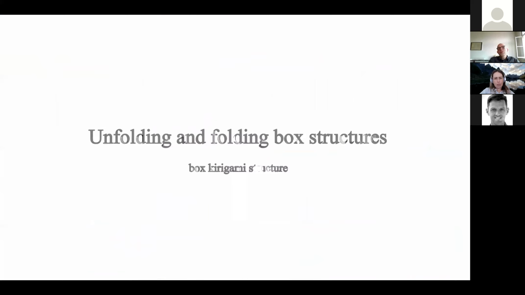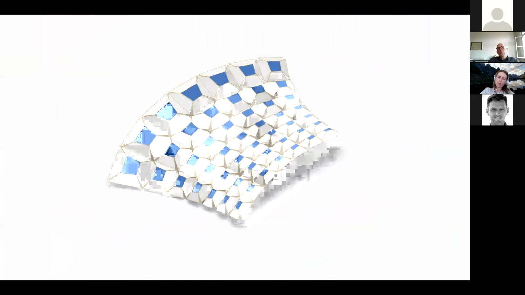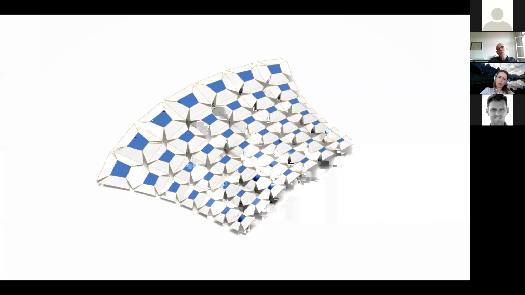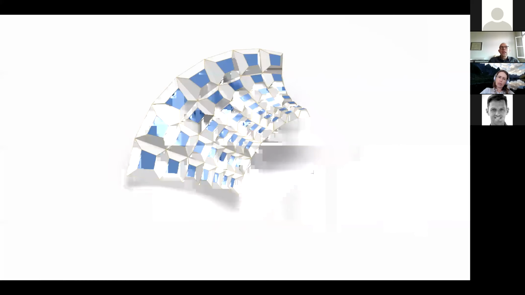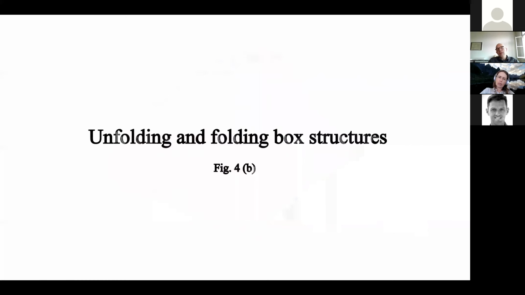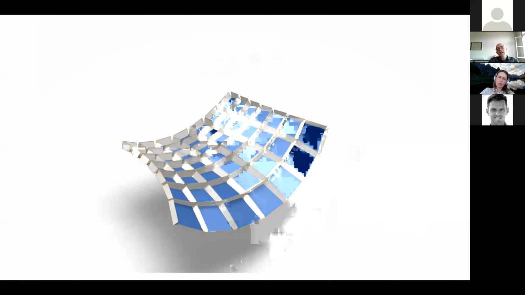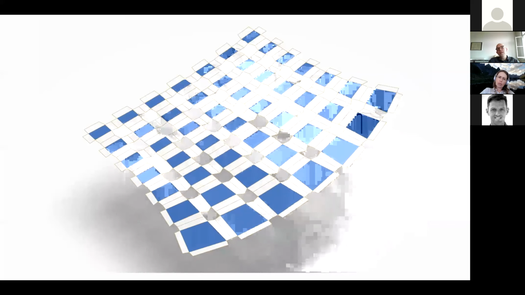What you can also see by means of the video is how much larger the unfolding is compared to the three-dimensional structure, which is something that is not so clearly shown in the images. This is another kind of Kirigami, which I did not mention in my slides.